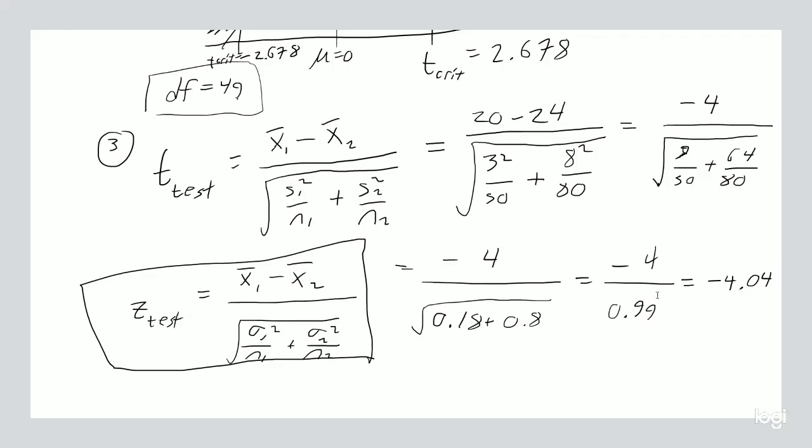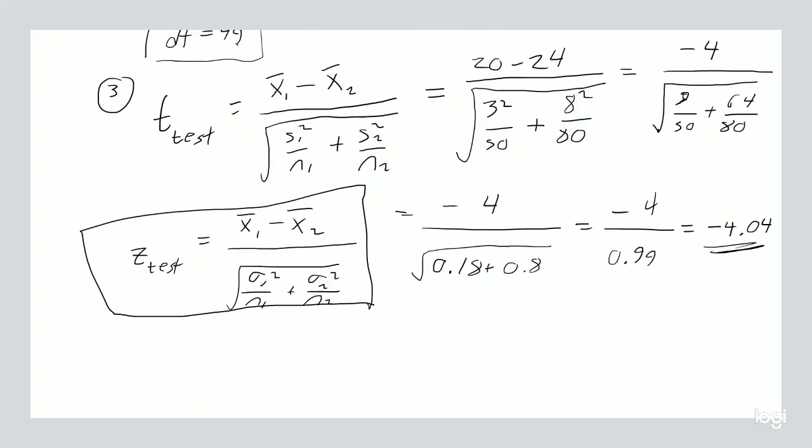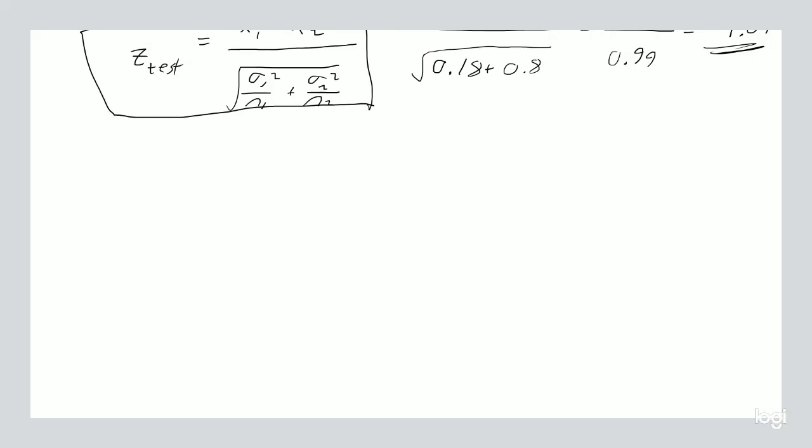-4.04. So that is our test statistic, and if we look, that is far into our negative rejection region. Right, so our null hypothesis is rejected. The direction it's rejected in is actually that the grade 10s are skipping more.